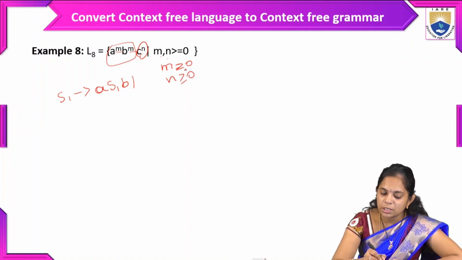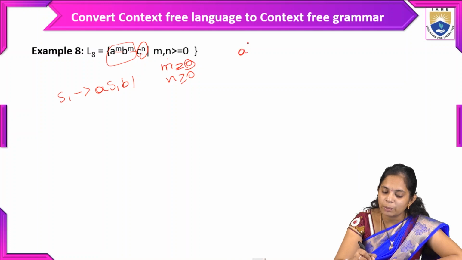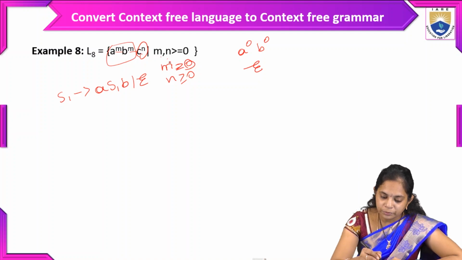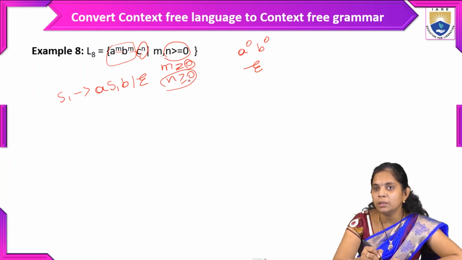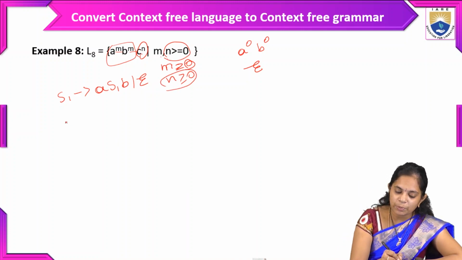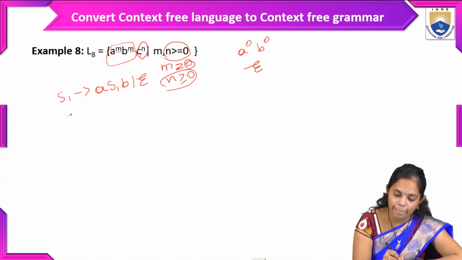So that 0 is also included, so that a power 0 and b power 0 we have epsilon, so we will write it as epsilon. And individually, n greater than or equal to 0 here, so that for c, I will write it as C only.